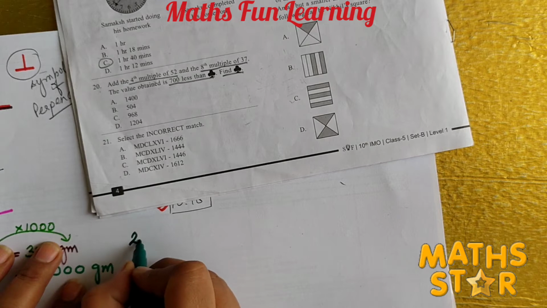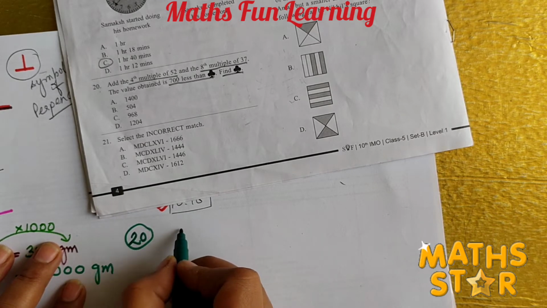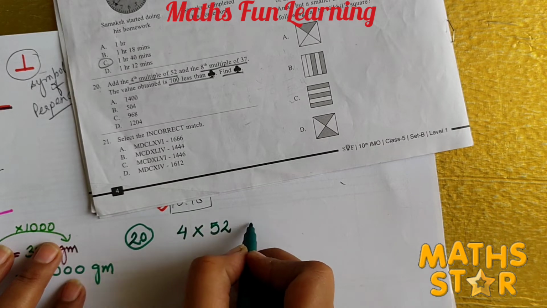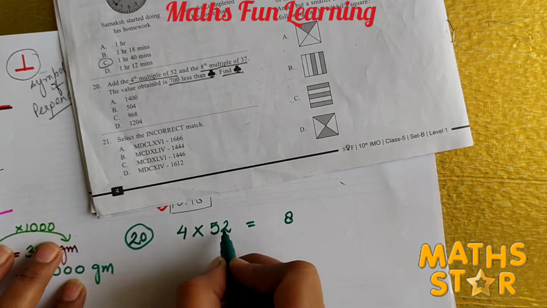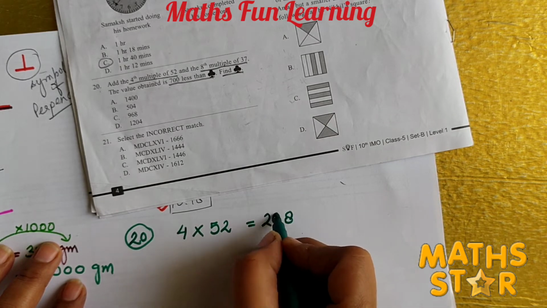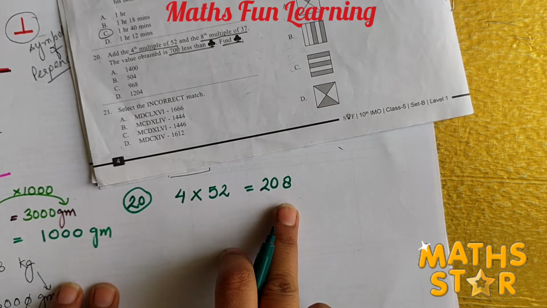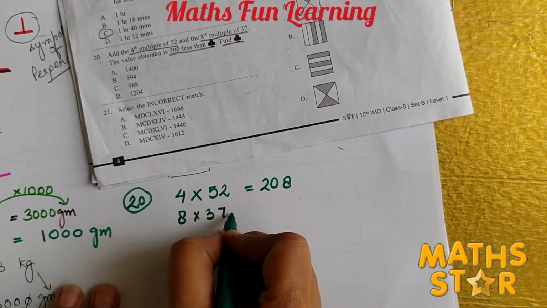Question number 20. Fourth multiple of 52. That means you have to multiply 4 with 52. What's your answer? 4 times 2 is 8 and 4 times 5 is 20. This is the fourth multiple of 52, 208. Now, the eighth multiple of 37.